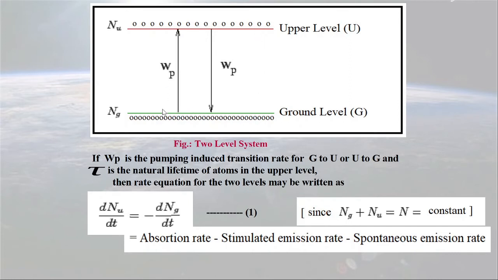So the absorption rate here is Ng into Wp, and the stimulated emission rate is Nu into Wp, and the spontaneous emission rate will be Nu by tau, since tau is the natural lifetime of atoms in the upper level. So we may write it as Wp into (Ng minus Nu) minus Nu by tau.